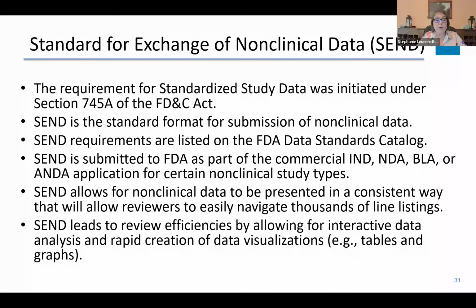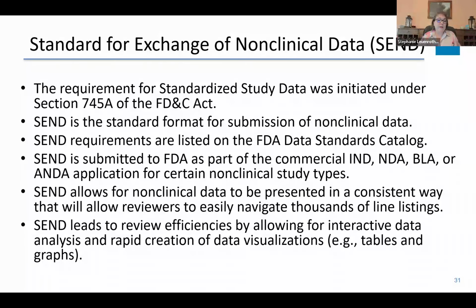All of the requirements are listed by SEND Implementation Guide on the FDA Data Standards Catalog. SEND is submitted to FDA as part of commercial INDs, NDAs, BLAs, or ANDA applications, again, for certain non-clinical study types and depending on when that study was started.